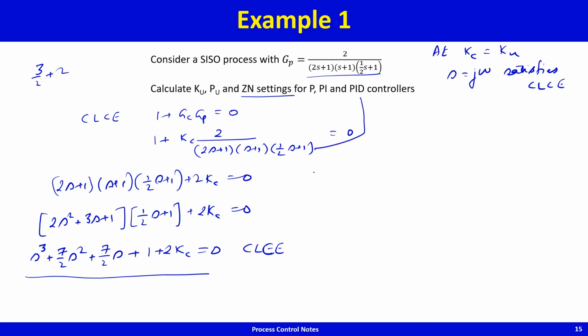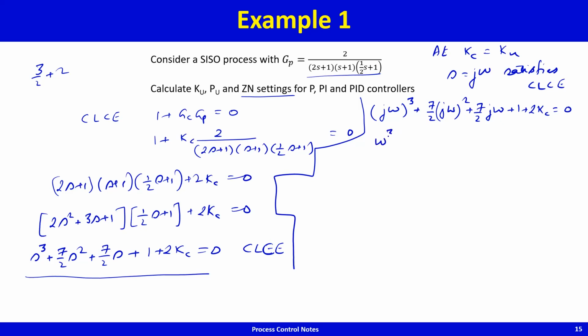So what you get is minus j omega cube, minus 7 by 2 omega square, plus 7 by 2 j omega plus 1 plus 2Kc, that's equal to 0.